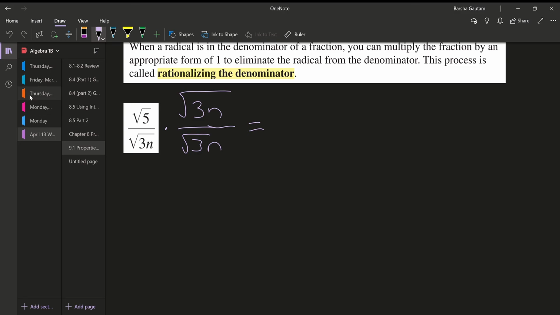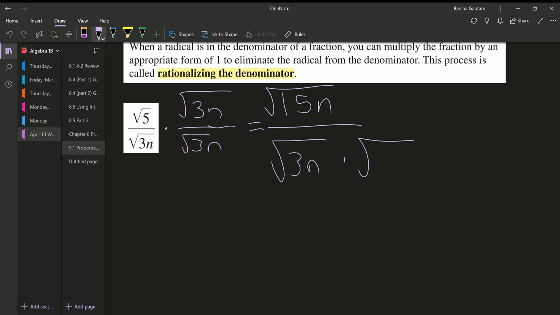So what is root 5 times root 3n? That is root 15n. And then on the bottom, let's see here. On the bottom, we have root 3n times root 3n.